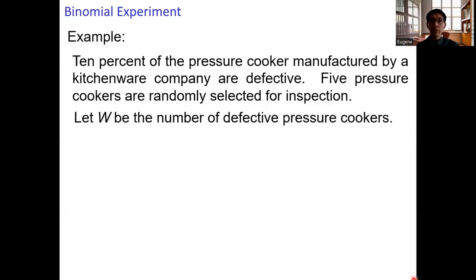So get back to the previous example. In this situation, we will assume that we have a large population size. And 5 pressure cookers are randomly selected.